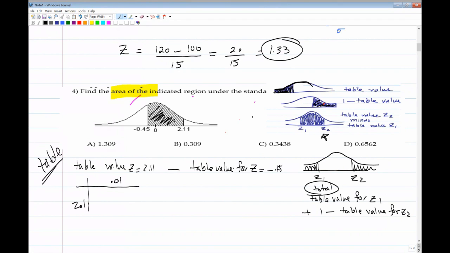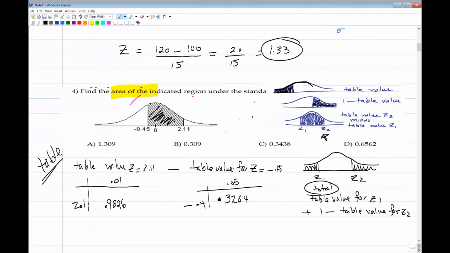So we'll look at the value right here, and this value is 0.9826. Now if we look at Z for negative 0.45, this value will be 0.3264, and the way we look for that is the negative 0.4 and on the top is 0.05.